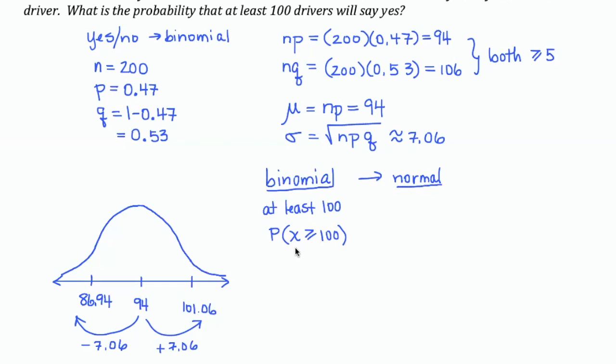Well, if x has to be at least 100, I'm going to find where 100 is, which is going to be closer to 101. So we'll say maybe right here. So my probability is supposed to be equal to 100 and up. And then I want the continuity correction that allows for the numbers that round to 100. So those would be beginning at 99.5.